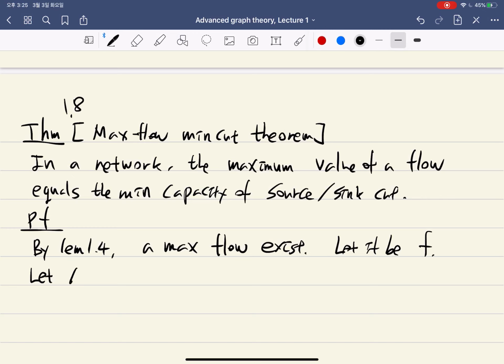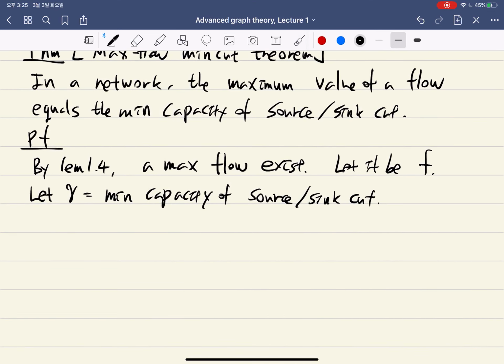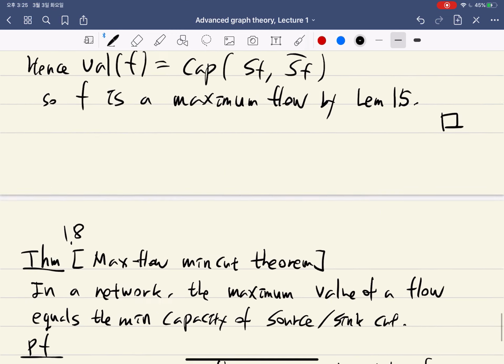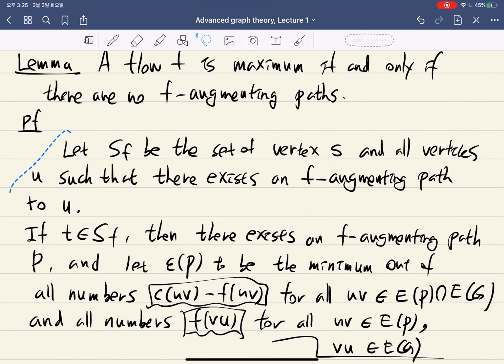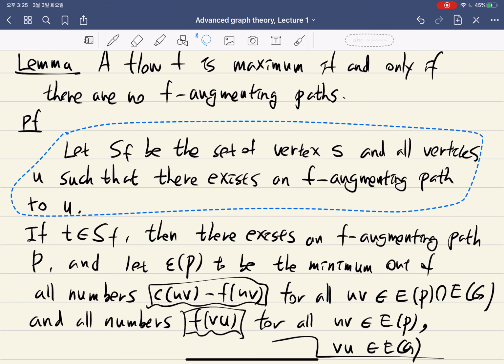And let gamma be the minimum capacity among all source-sink cuts. Then we know that f is maximum, so there is no f-augmenting path. So by the above definition, we use it again.